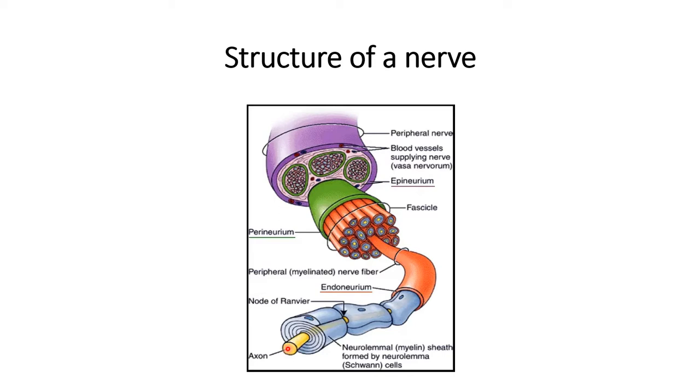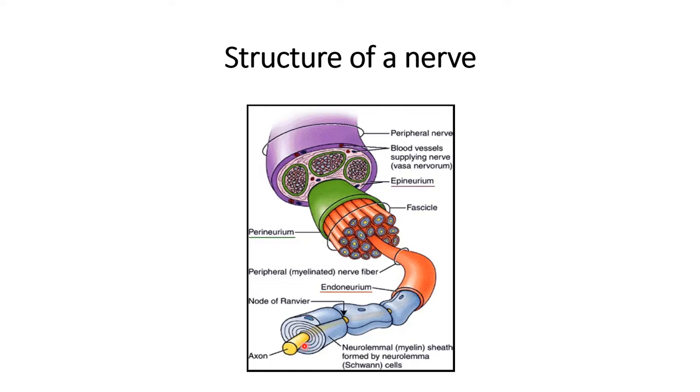Now as you can see, the nerves are made up of axons, Schwann cells, and the connective tissue coverings. They are surrounded by many folds, and these folds are making layers around the nerve fiber and are also called neurolemma or myelin sheath.